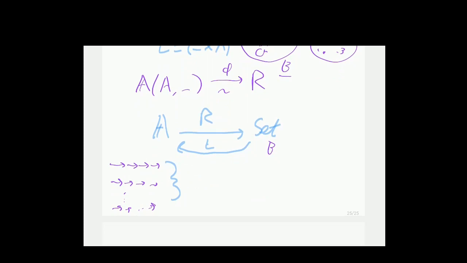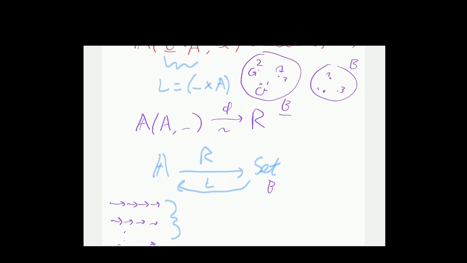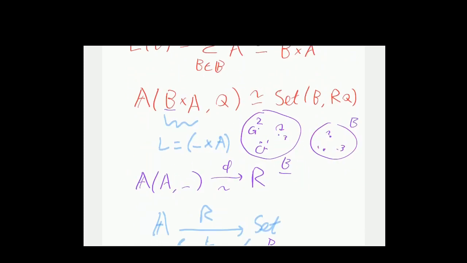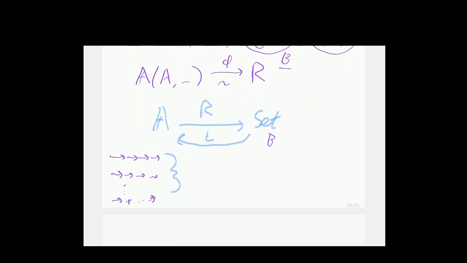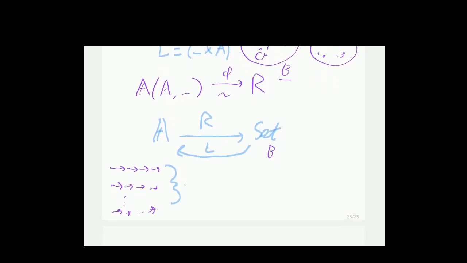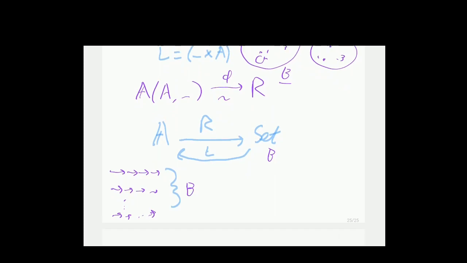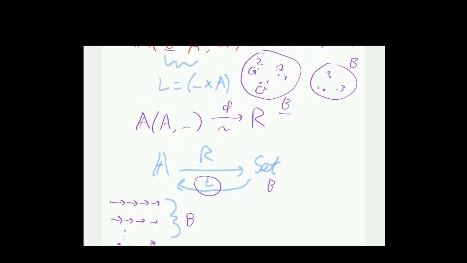Well, basically it's going to be sending a set B to the coproduct of the dynamical system of natural numbers, which is A, with itself B times. So we're going to have B copies of this thing all together. And that's basically what this left adjoint is doing. And so we've determined it.